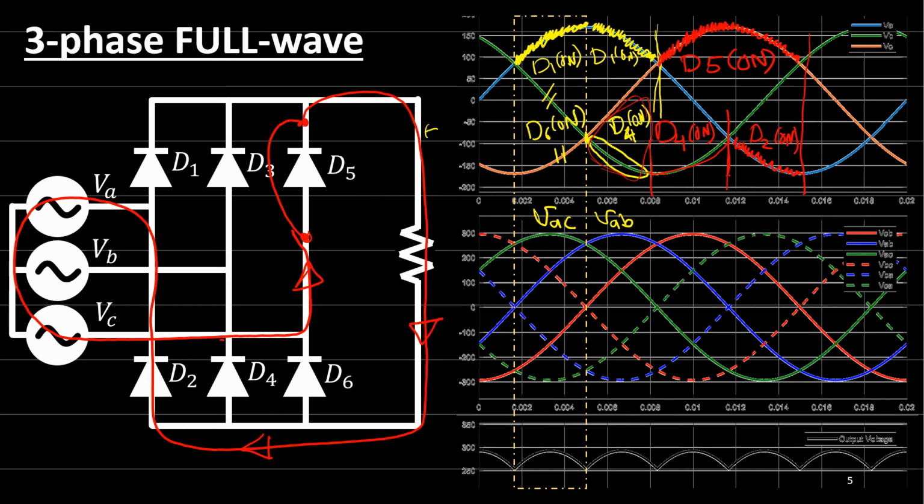Now, if you look at this portion here, this VB is larger than others, so VB is this voltage, so diode 3 is on.